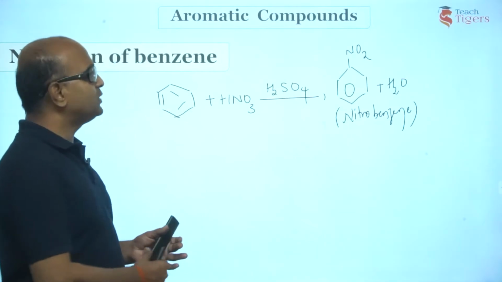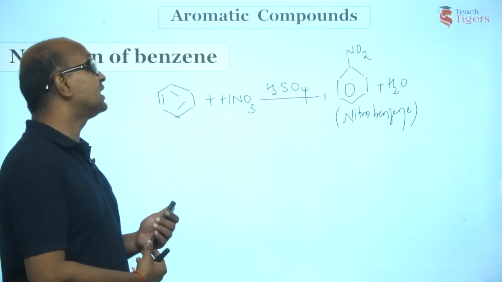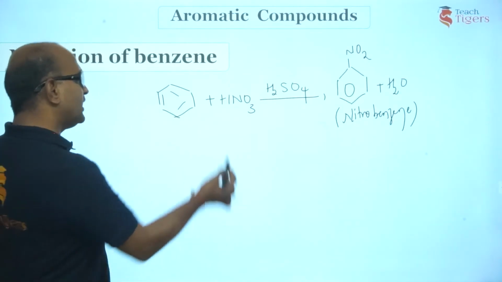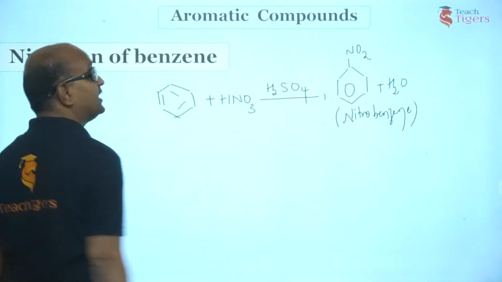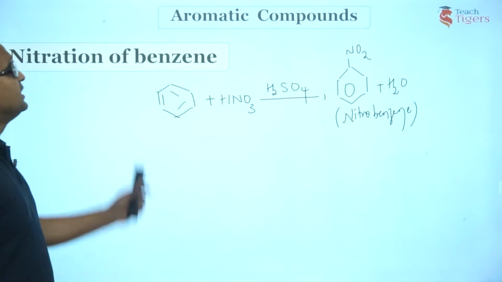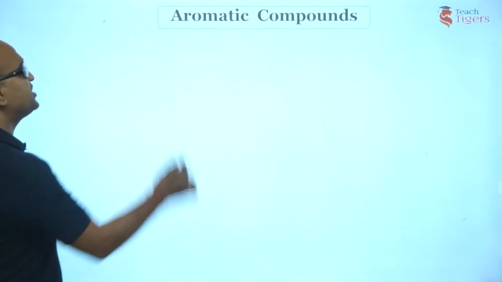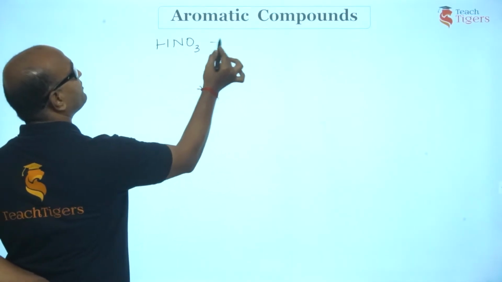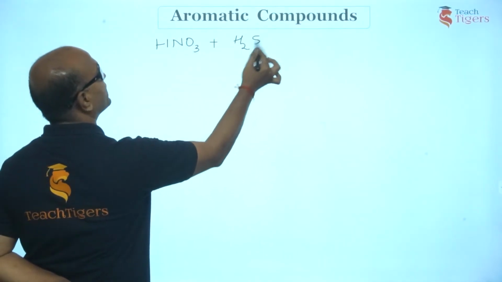Now see, what do I do here? What's the deal with nitrobenzene? How does this reaction take place? Now, let us see what the electrophile is here. Guys, HNO3 and H2SO4 I have taken in 1:1 ratio.